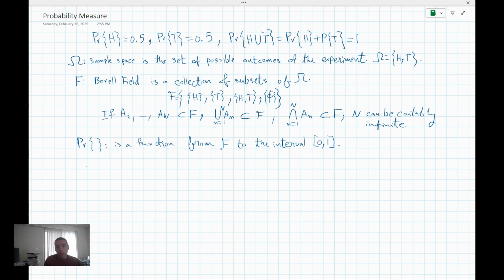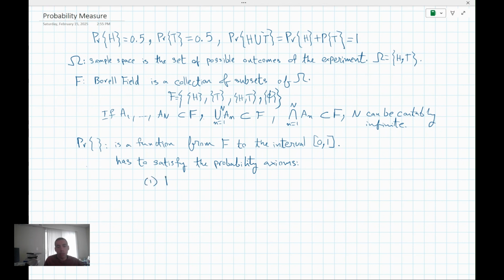And this assignment has to satisfy the probability axioms, which are: 1.